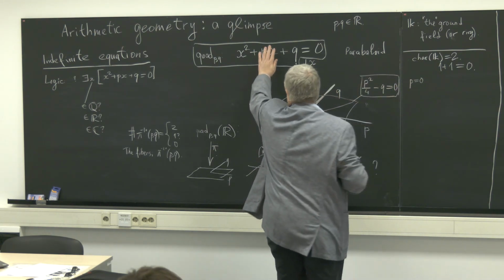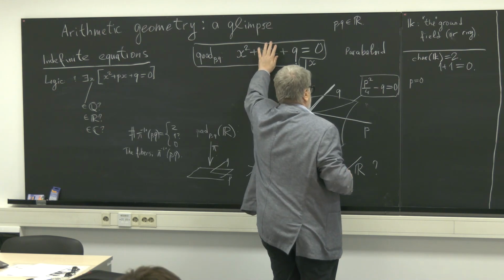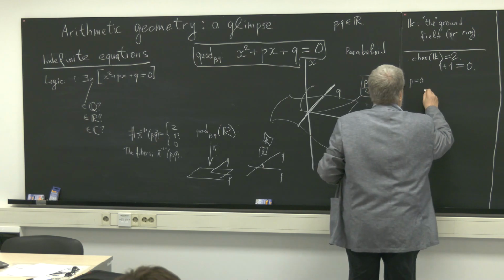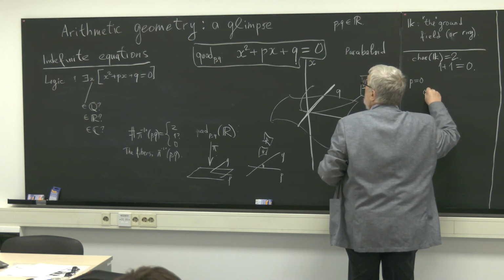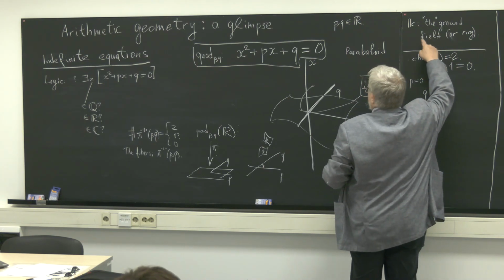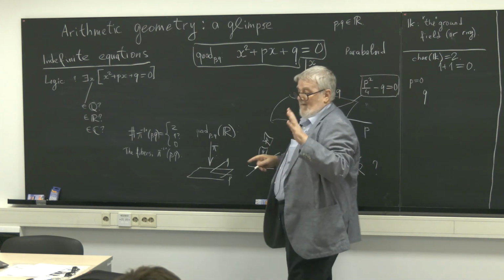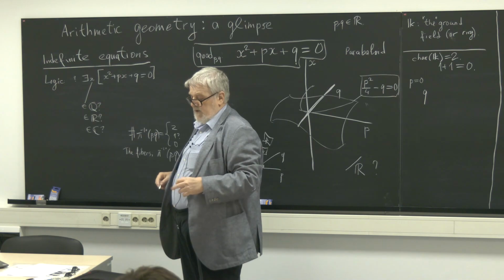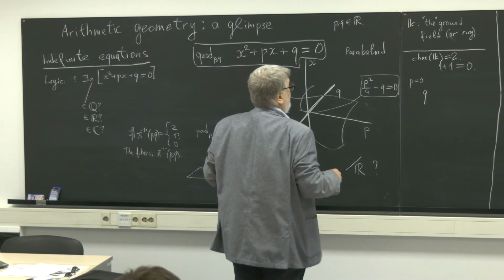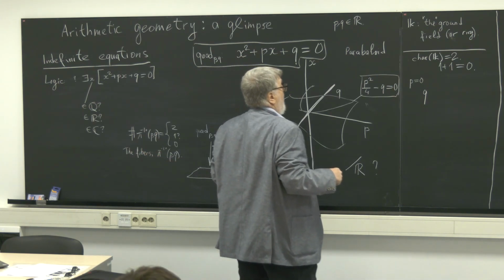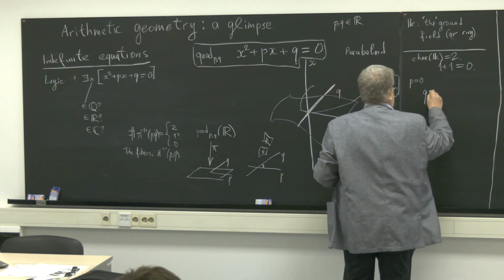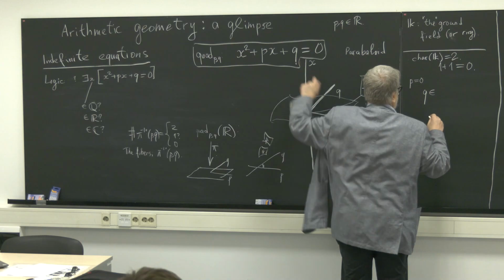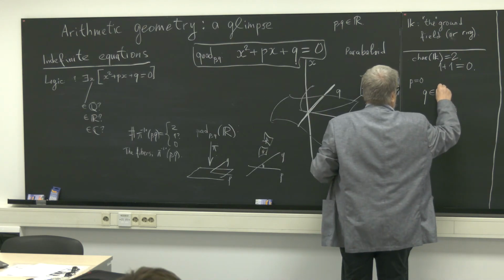I'm not saying that this case is trivial, because, well, in such a field we don't write down minuses, since minus anything equals itself. So the condition is that the Q is itself a square.